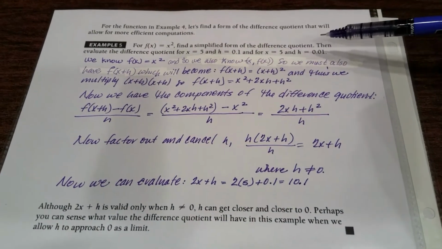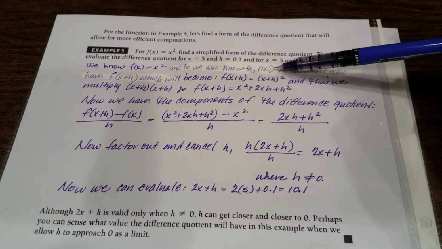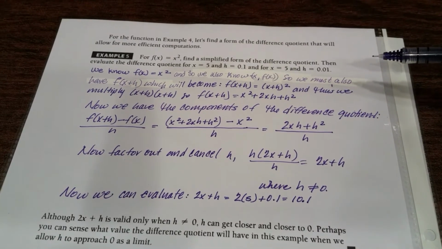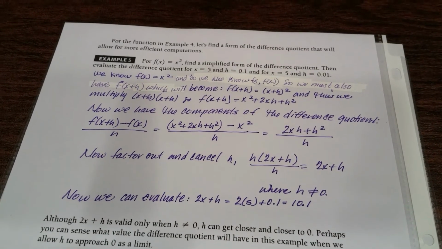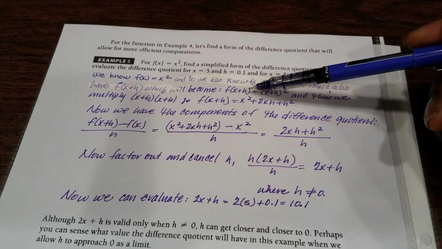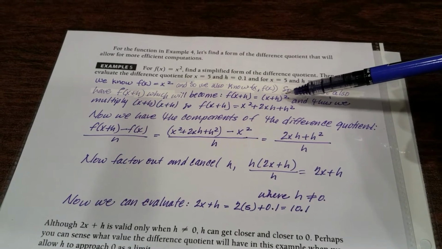So in this case, we know that f of x equals x squared, and it has this coordinate x and f of x, aka x and y. And of course, we're now going to use the simplified notation for the second point, where we'll have f of x plus h equals x plus h squared.